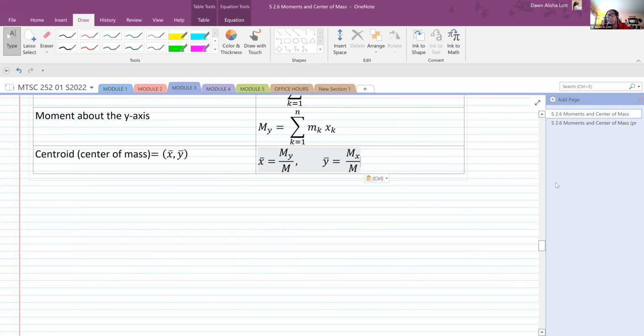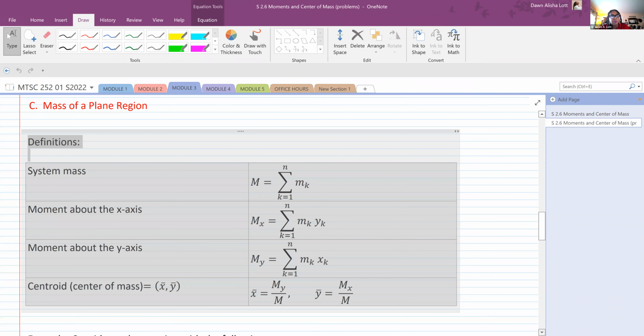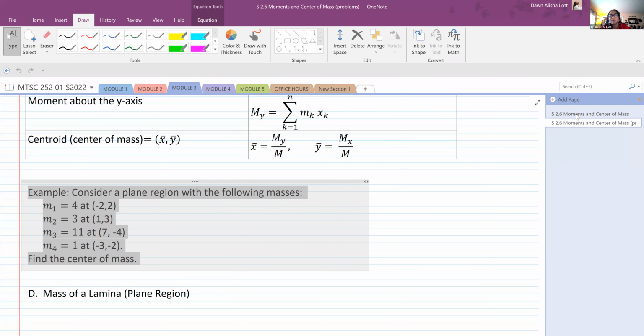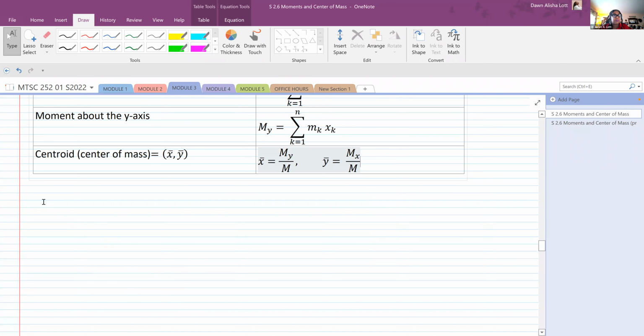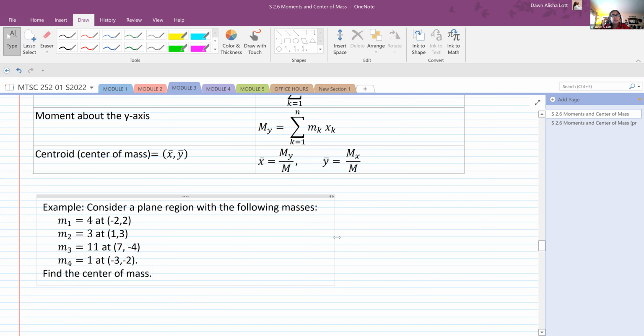Do I have one already set? Oh, I sure do. Okay, here's the example. So we want to consider a plane region with the following masses.